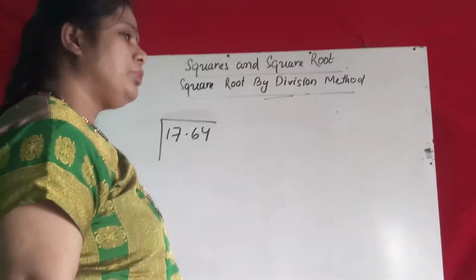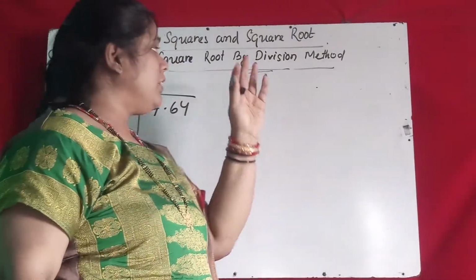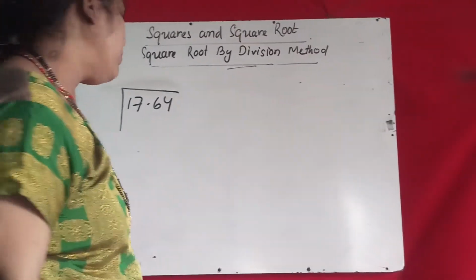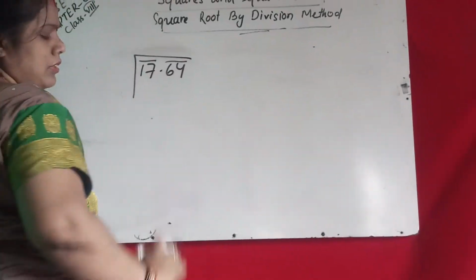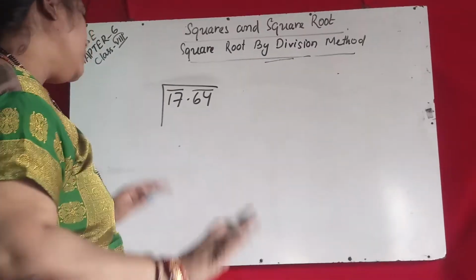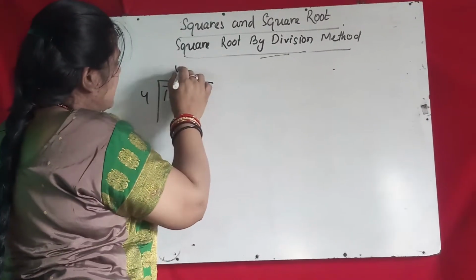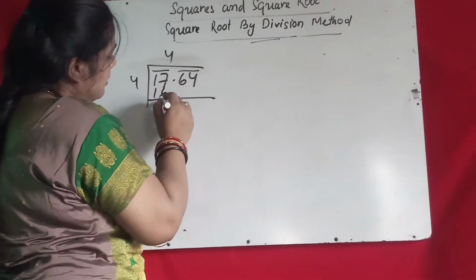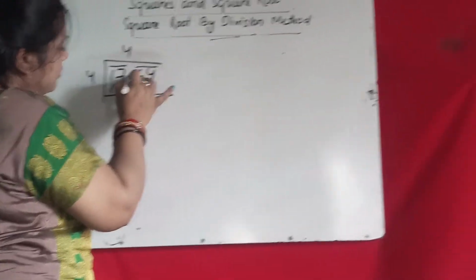Now, how to find the square root of a decimal number by the division method. Decimal numbers also work the same way. You put two digits from the right-hand side. Procedure is the same, no more difference. So 17, 4 4 is 16, then 1, you bring down 64.